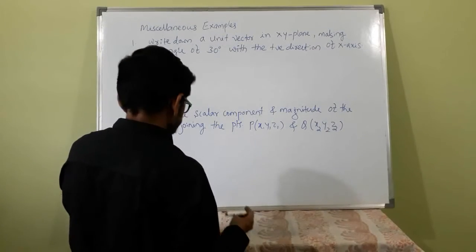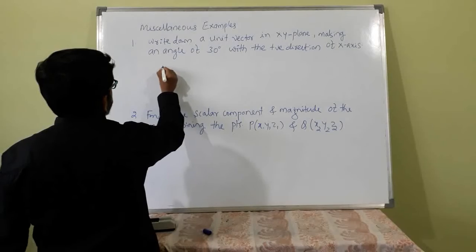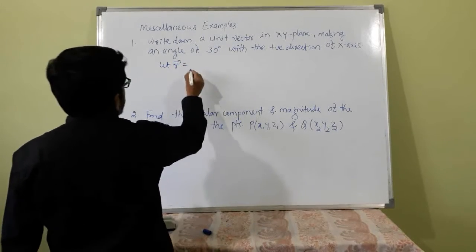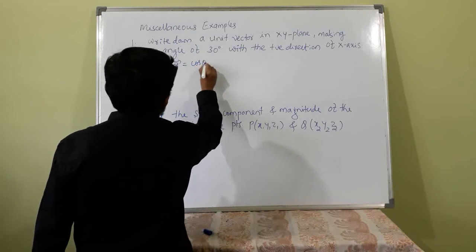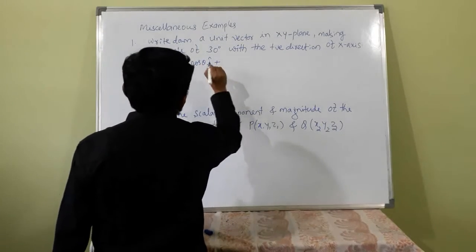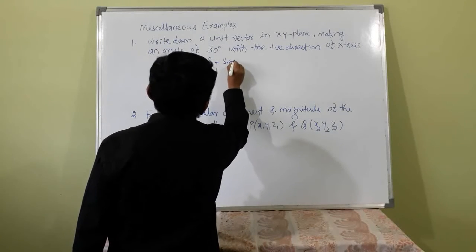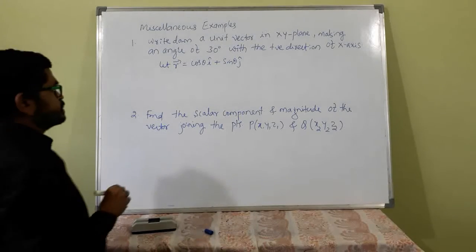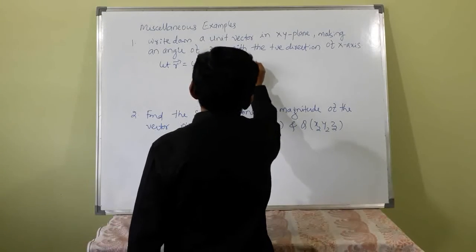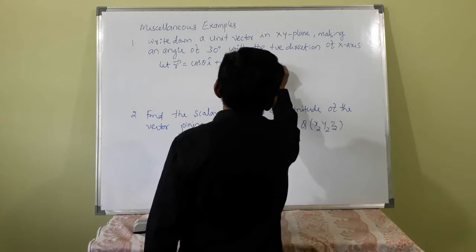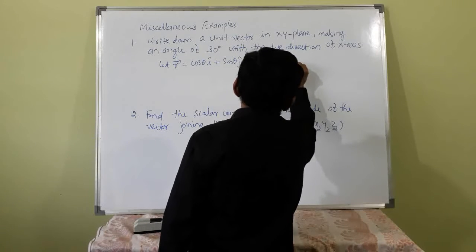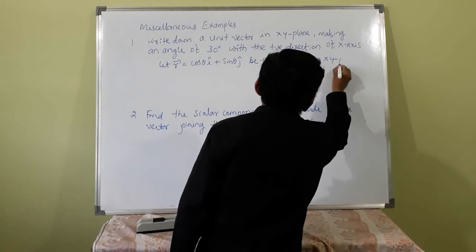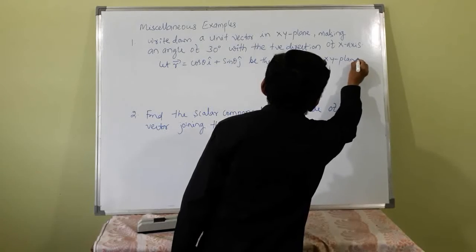Let r cap be cos theta i plus sin theta j. Okay. B, the unit vector in xy plane.